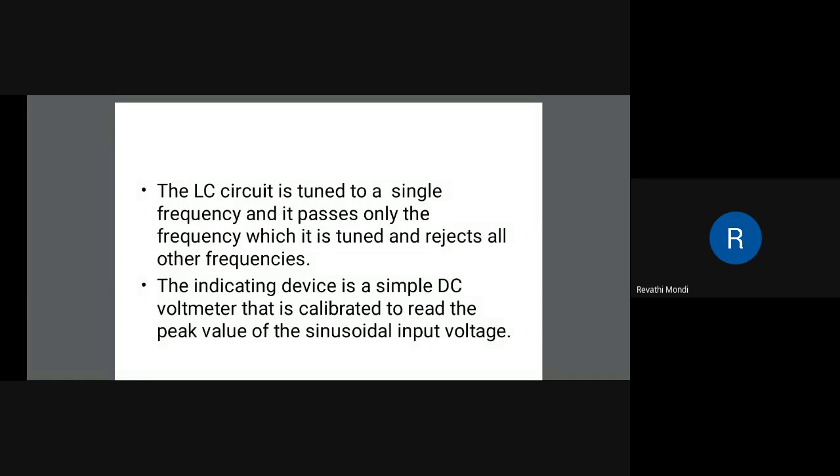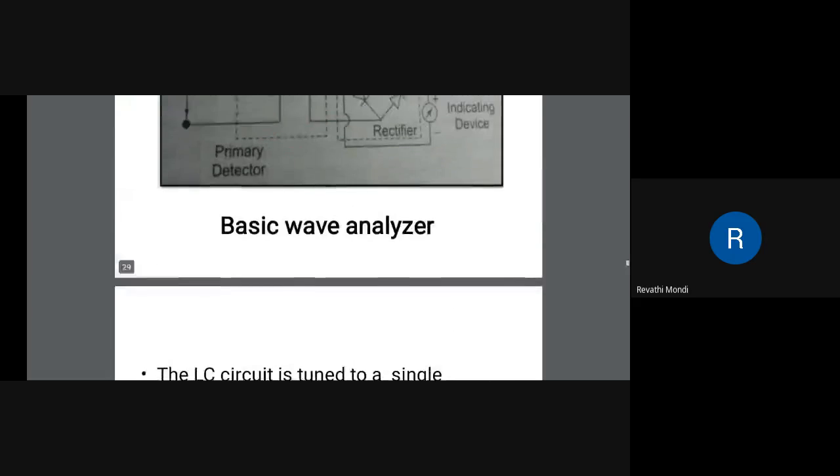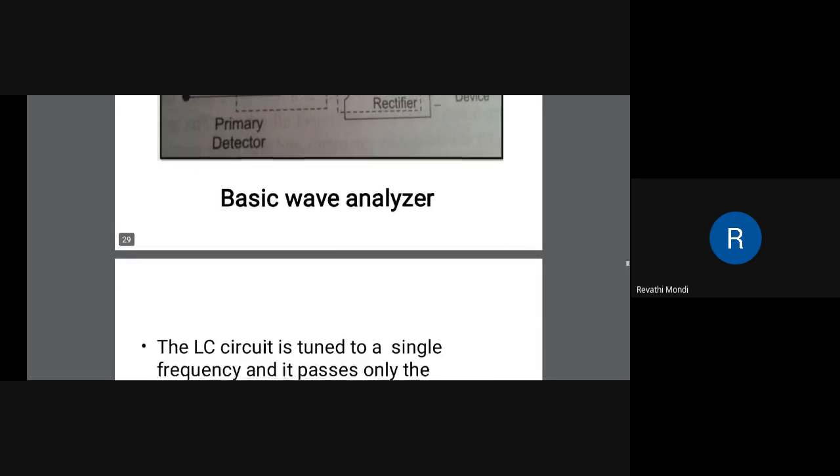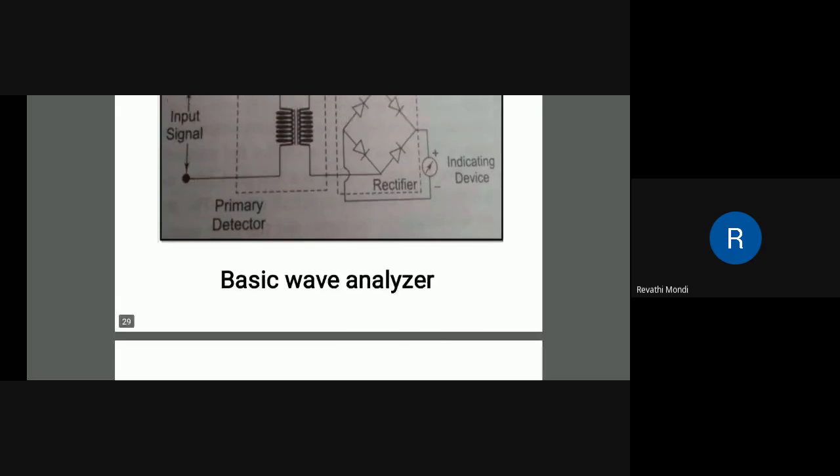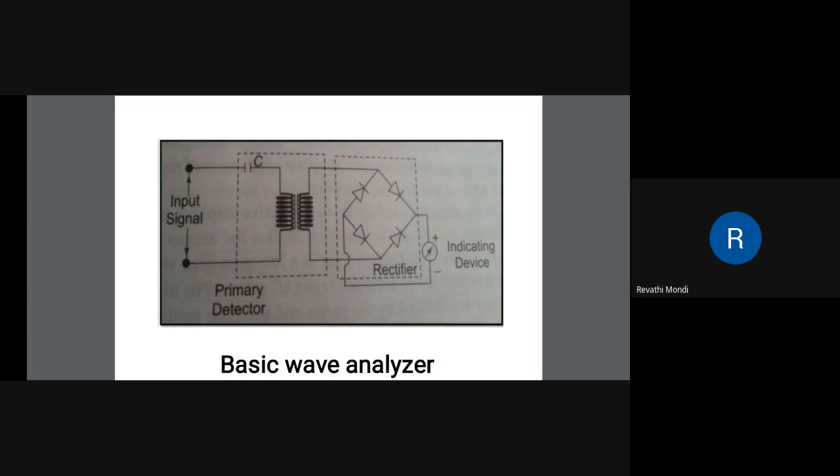By this diagram, we have to explain this slide. The LC circuit is tuned to a single frequency and it passes only the frequency to which it is tuned and rejects all other frequencies. We already discussed this. Some input signal is applied to this circuit. The LC circuit plays the major role.